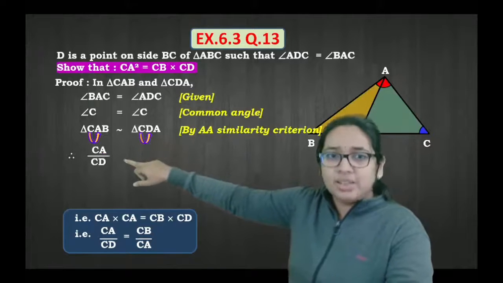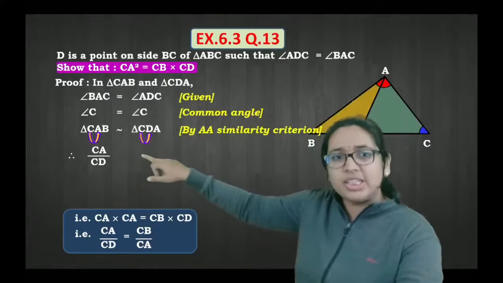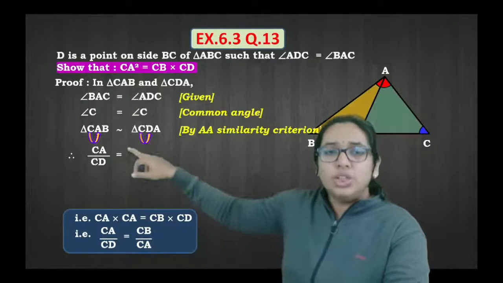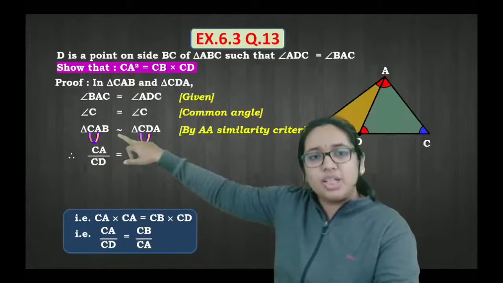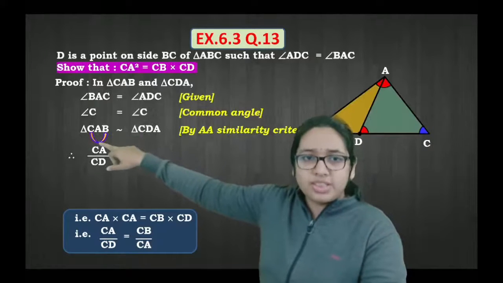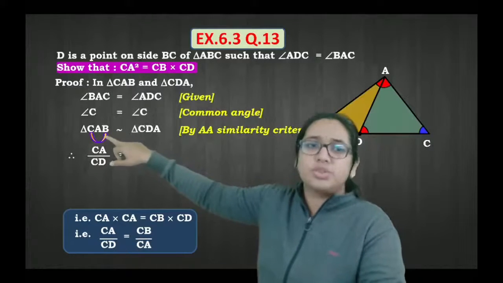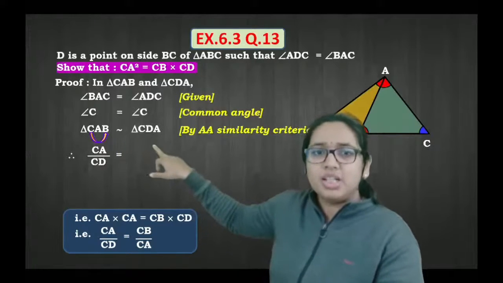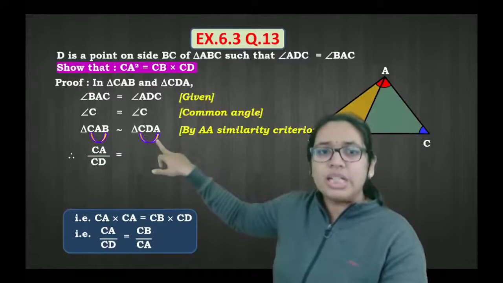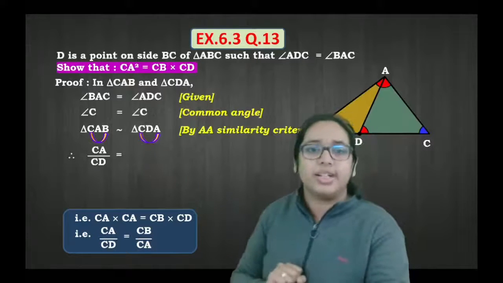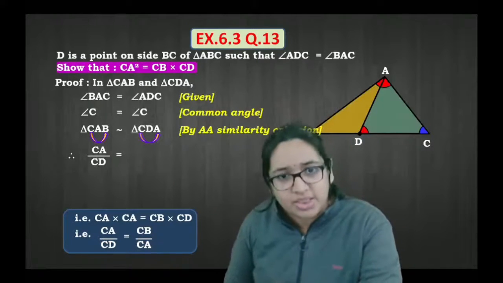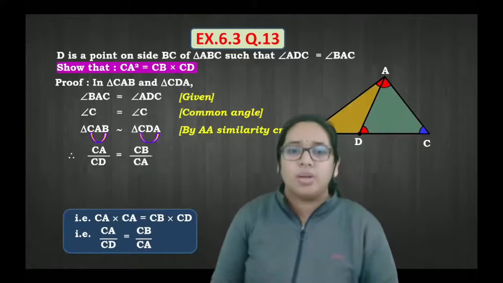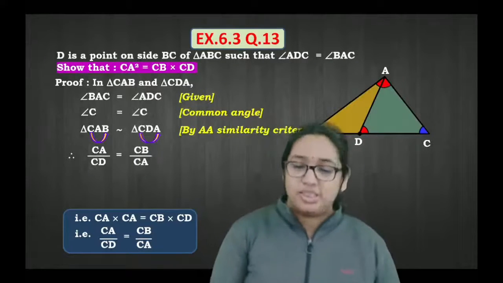So CA upon CD is same as what is the next part? CB upon CA. तो फर्स्ट वाले में CB आपको कितना मिलेगा? देखो by first to third अगर आप फर्स्ट ट्रायंगल का कंसीडर करते हो then what will be case here? We have to talk about CA. Correct. Done with this. So I can say that CA upon CD is same as CB upon CA.